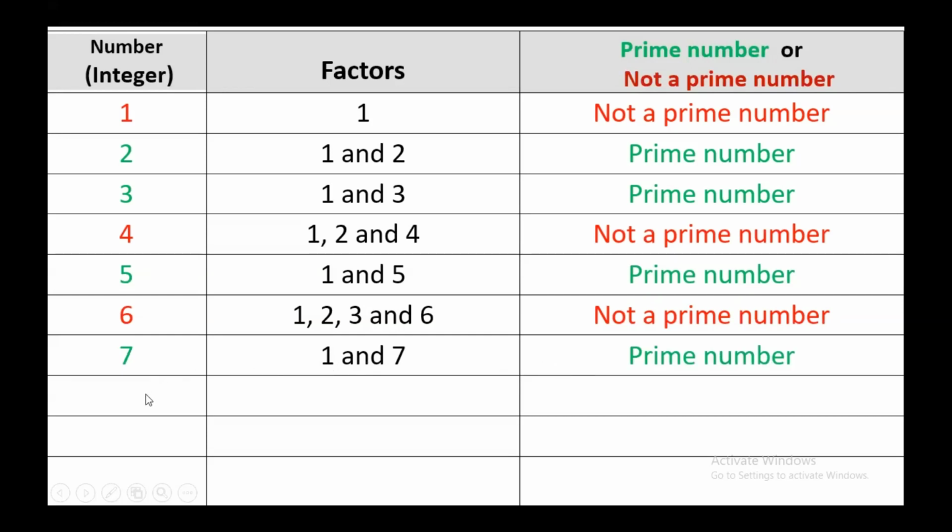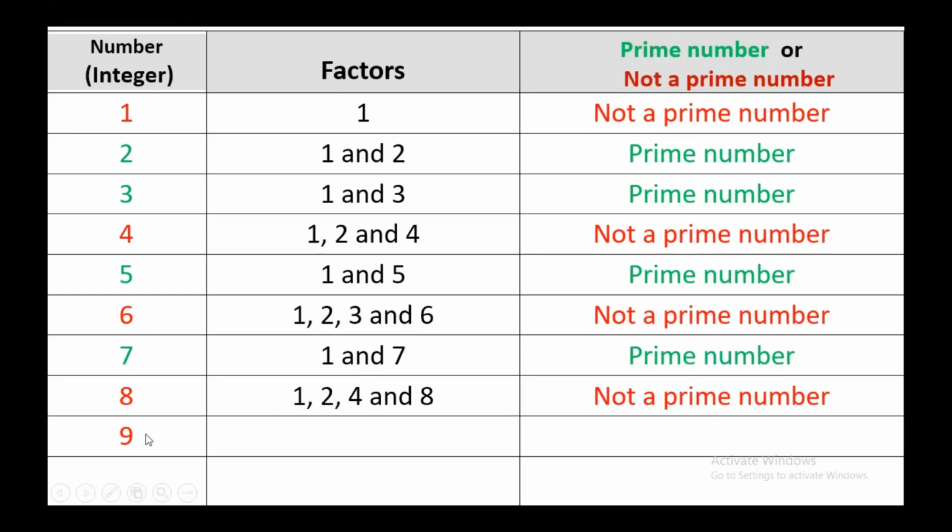Next example, next number is 8. Factors of 8 are 1, 2, 4, and itself, 8. So there are more than 2 different factors here. So we can say 8 is not a prime number. Now the next is 9.